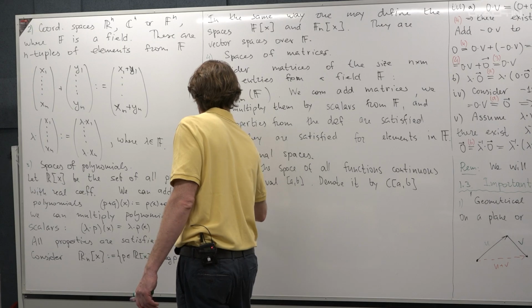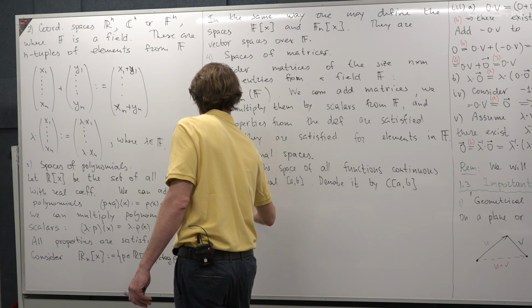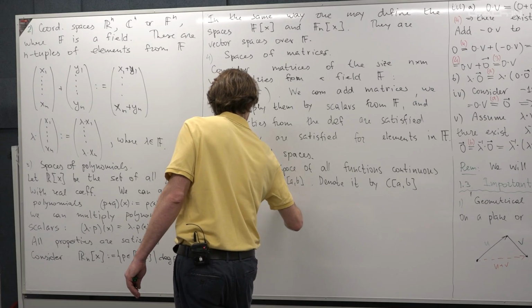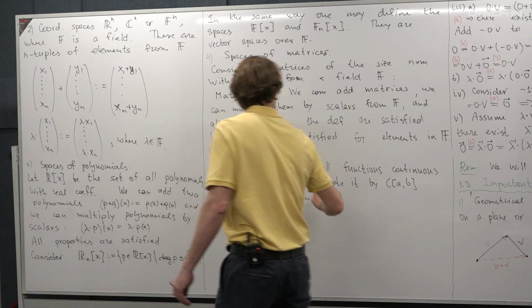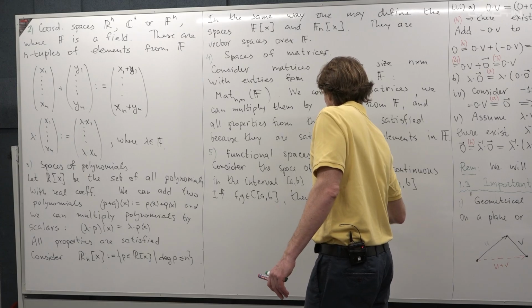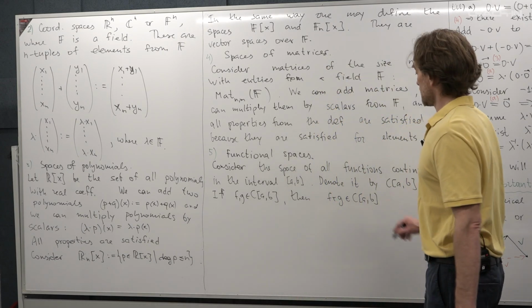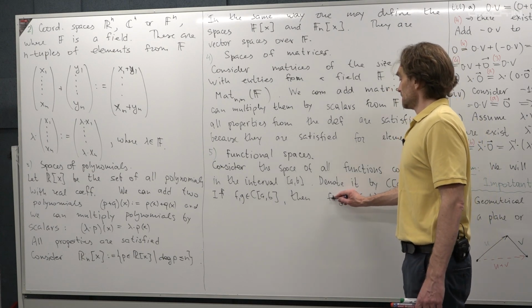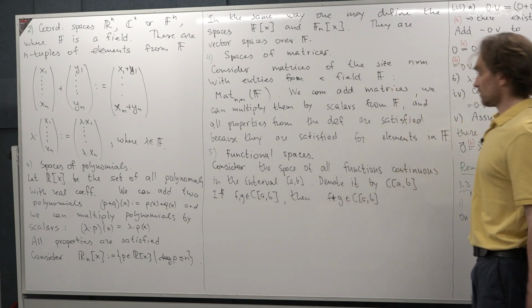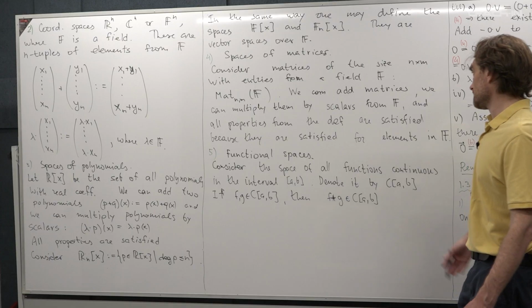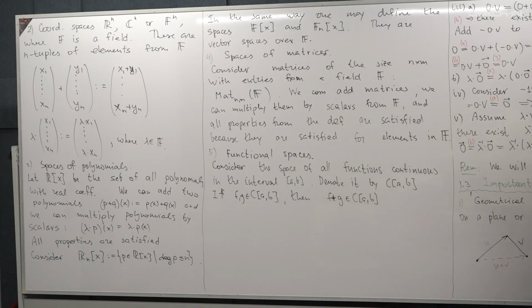And so we can add two functions. If f and g are both continuous, then f plus g also is a continuous function in this interval, and f plus g is defined pointwise. So the value of the function f plus g at the point x is equal to the sum of f(x) and g(x). In the same way, we can multiply a continuous function by some scalar.